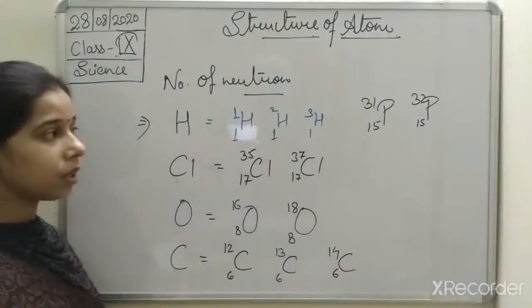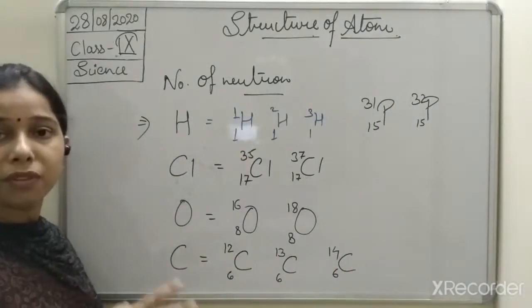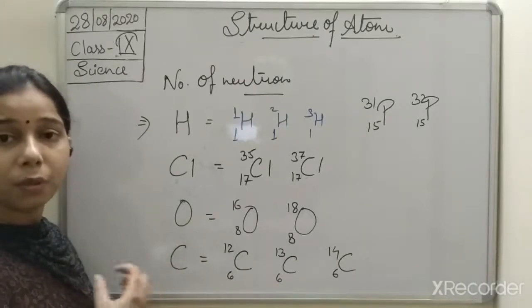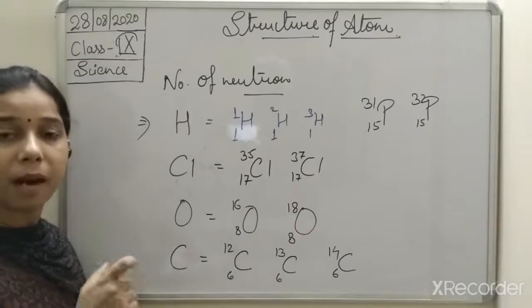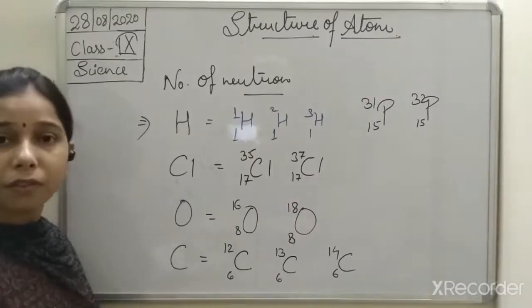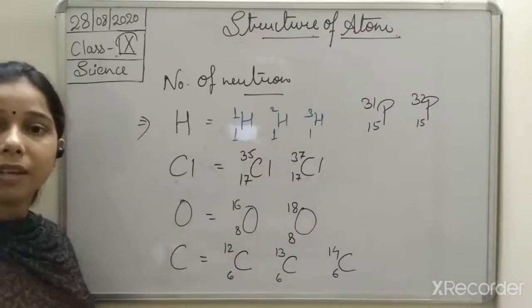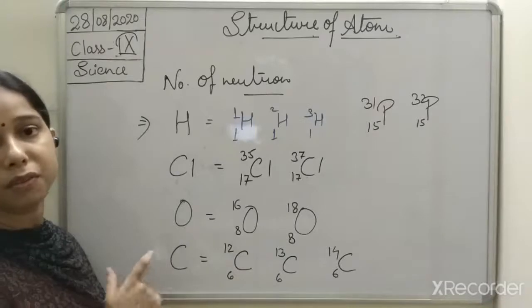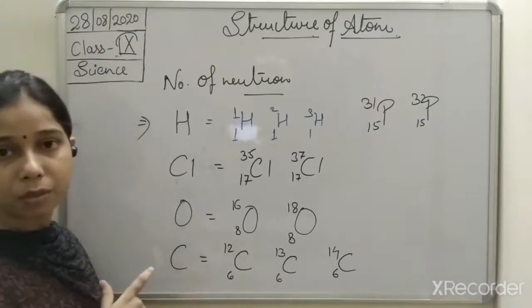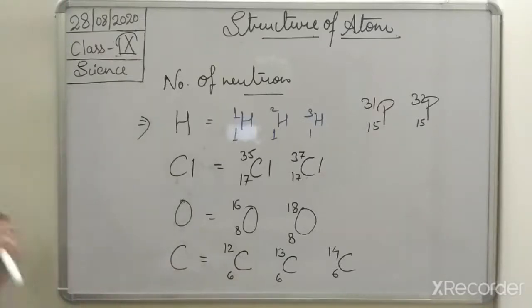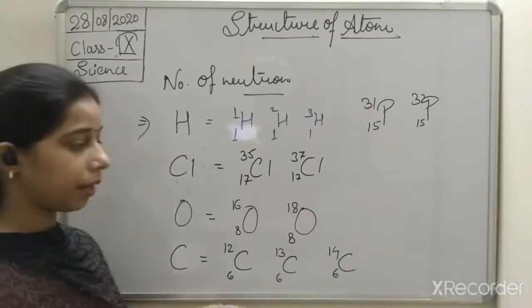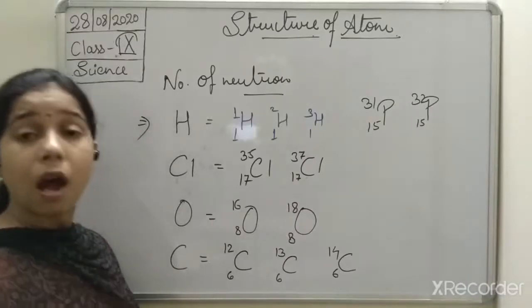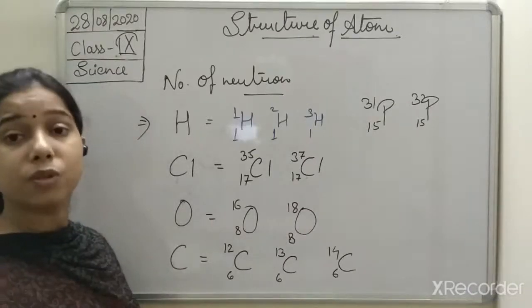Likewise, there are a lot more examples of elements which show isotopes in nature, and they differ only in their mass number, actually because of the number of neutrons. So we have understood what an isotope is, their atomic number, their mass number, and how they differ, even their electronic configuration.